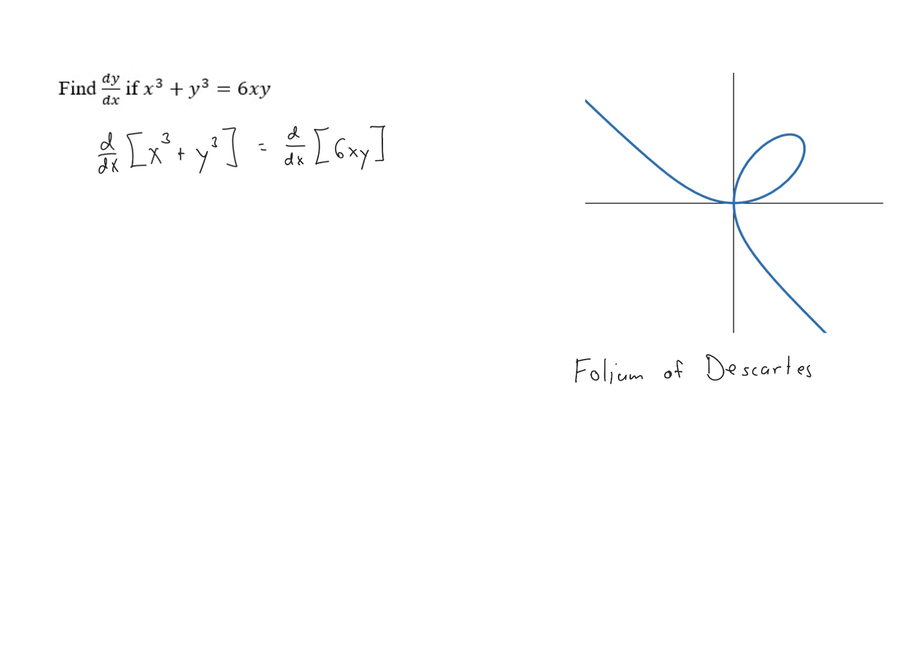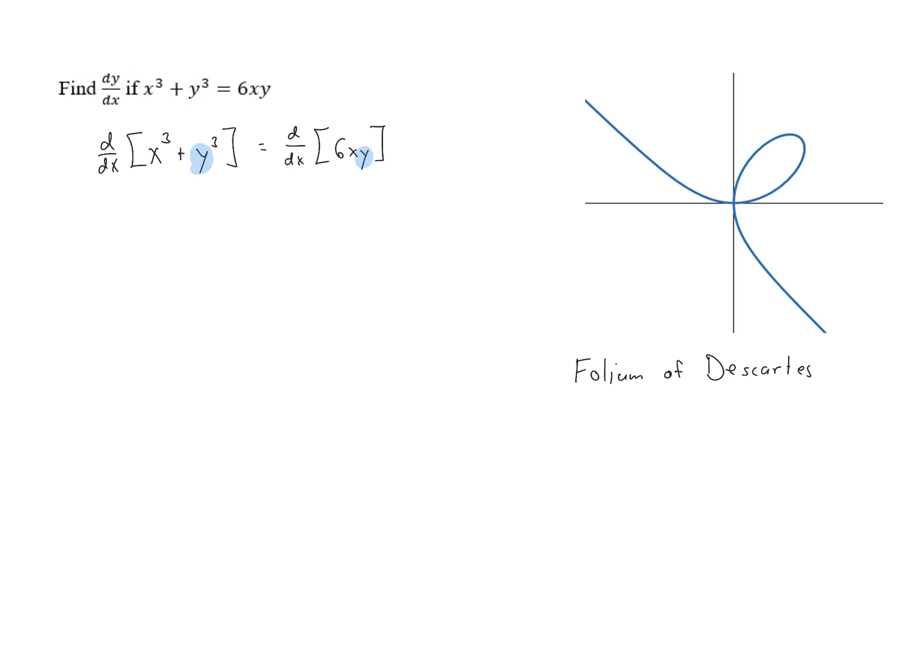That's how we want to consider it. And so anytime we have a y in the equation, and we are differentiating with respect to x, we need to use the chain rule and consider y to be a function of x. So let's go through and differentiate both sides.